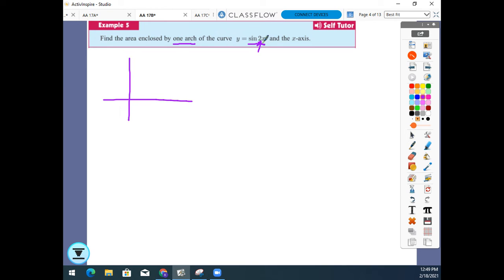First of all, this means there's 2 regular sine curves within the period. The other thing we can do, 2 pi divided by k, this is how we determine the period of the sine curve. So 2 pi divided by 2 is just pi.